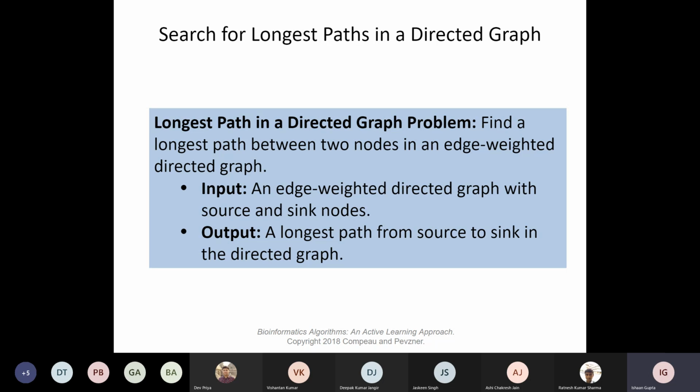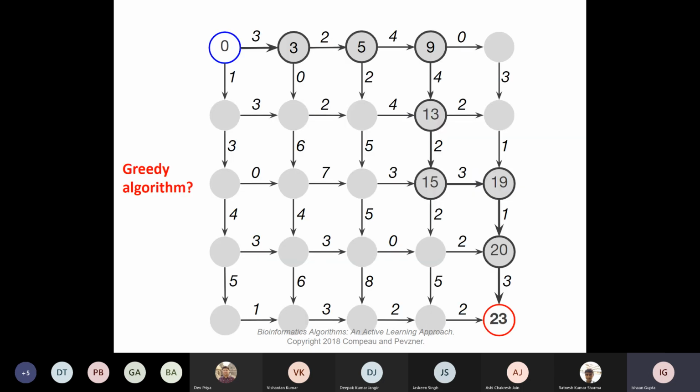So different edge weights can be like that. Similarly, the different edge weights here, in this case, are the number of sites that you can see on that road, right? The input is an edge weighted directed graph with the source and sink nodes, and the output is the longest path from the source to the sink in this directed graph. Okay, everybody's clear on this?